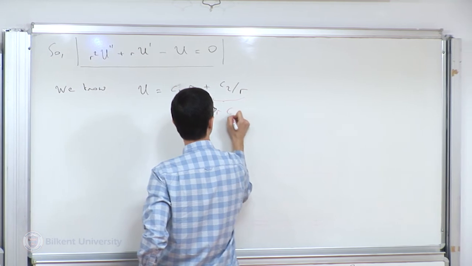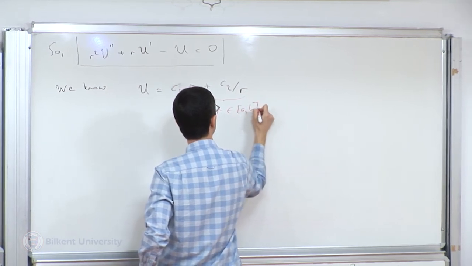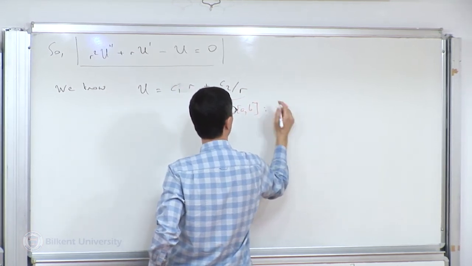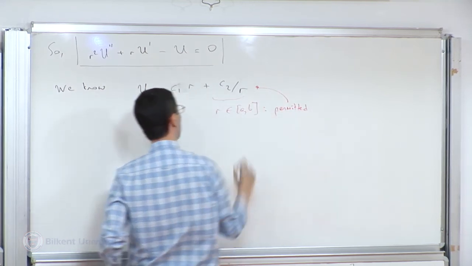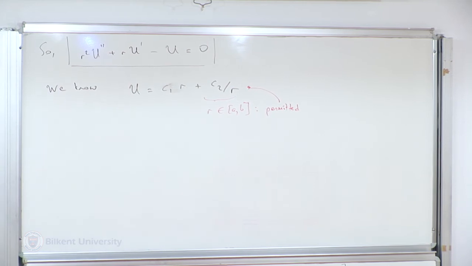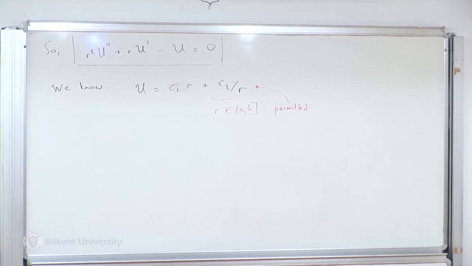So r is a to b. So this solution here is permitted, so I will make use of it. And indeed, I have eventually two constants and I have two boundary conditions. I will be able to solve for those constants anyway. All right, so let's solve for them.